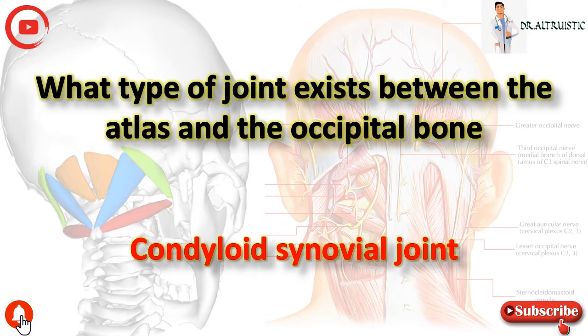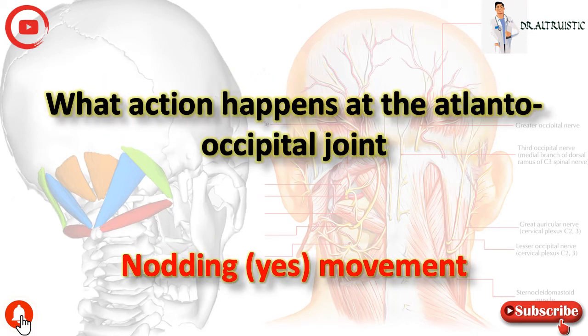What type of joint exists between the atlas and the occipital bone? Condyloid synovial joint. What action happens at the atlanto-occipital joint? Nodding, yes, movement.